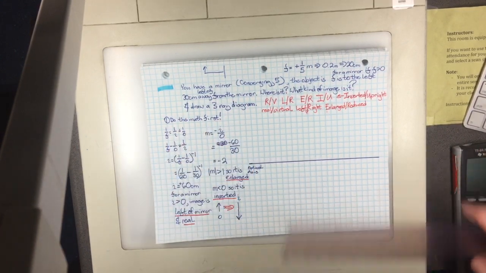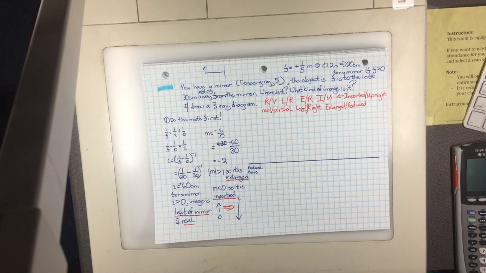The optical axis is the main horizontal line. The line passes directly through the lens. Now this is where there's a little bit of artistic expression and it's not quite precise. I know the object is to the left of the mirror. I know the image is to the left of the mirror.